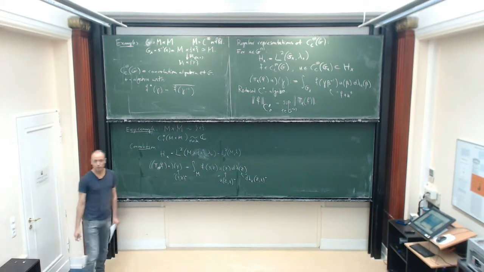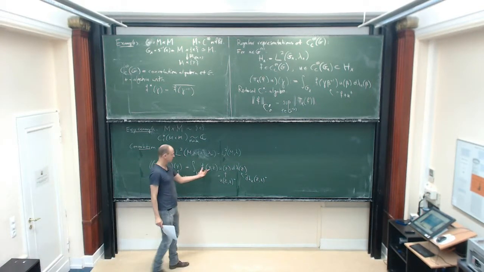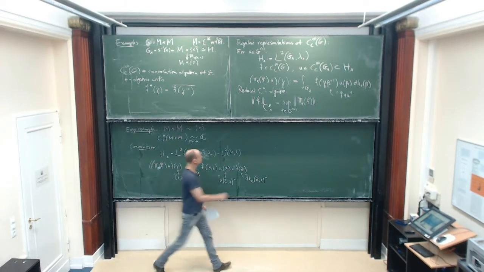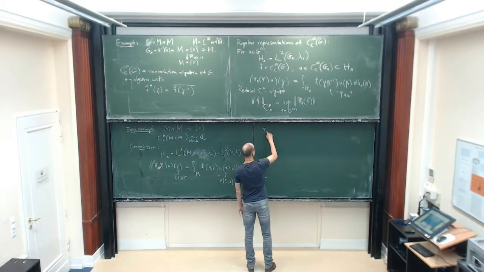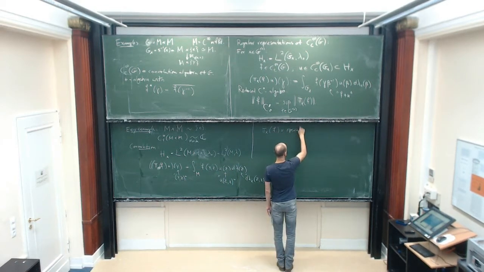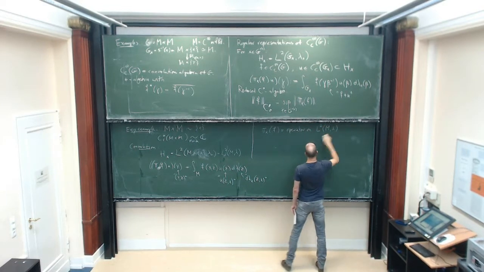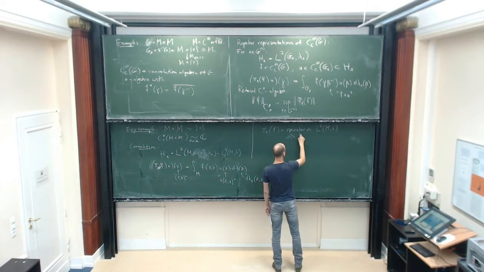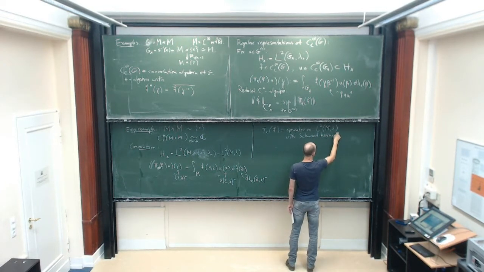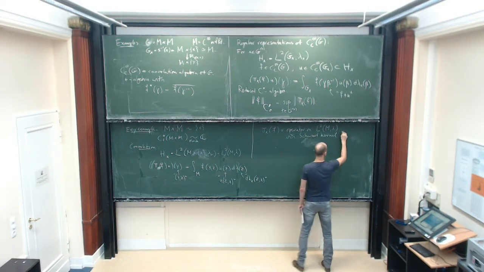Okay, but anyway, it reduces to the familiar formula of the action of a Schwartz kernel on a function on the Hilbert space. So the point being here that pi x of f is the operator on L2 of M with Schwartz kernel f.